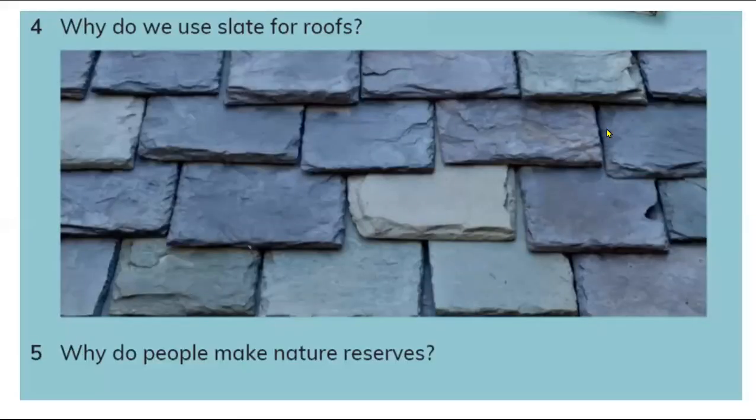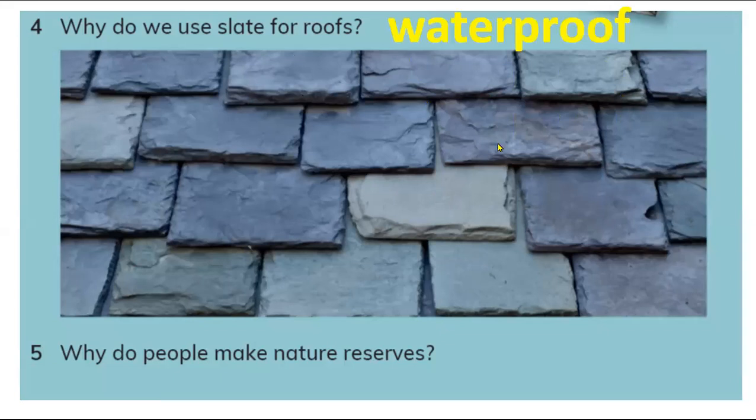The last question, number 4, was, why do we use slate for roofs? Here is the roof in the house. Why do we use slate for the house? Because this is waterproof. The water cannot be absorbed.